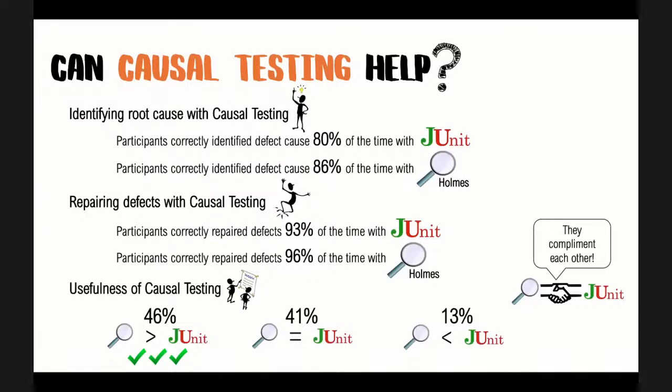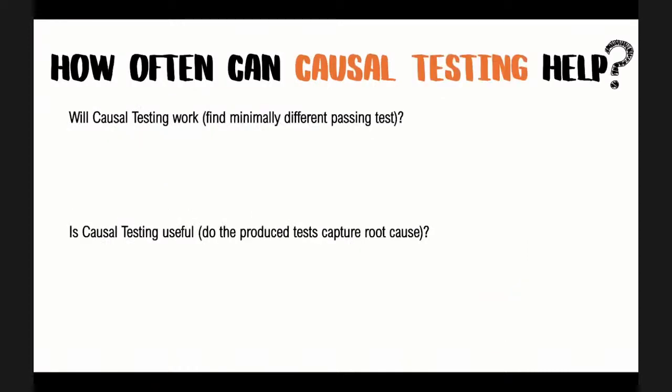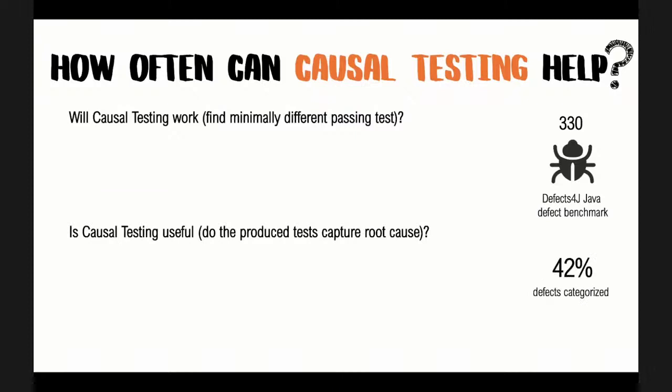In addition to whether causal testing can help, we wanted to get a sense for how often causal testing can help. So we manually went through the defects in the Defects4J benchmark to see when causal testing would work and when it would be useful. Of the 330 defects we manually evaluated, we were able to categorize with confidence 42%.